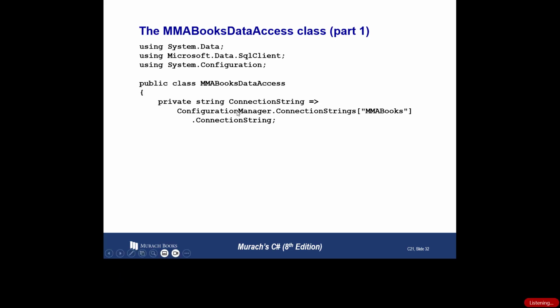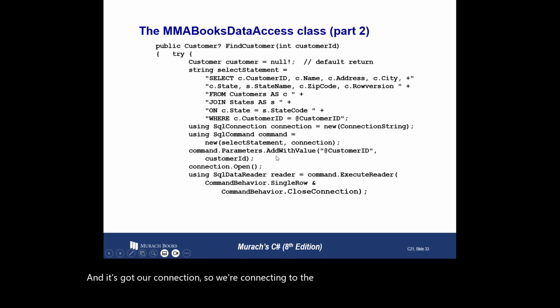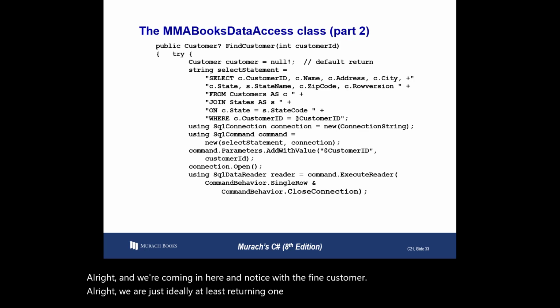All right. So again, we can look at this and it's got our connection. So we're connecting to the MMA books. And we're coming in here, and notice with the find customer, we are ideally returning at least one customer. And it's possible to return null, and that's for the question mark there.